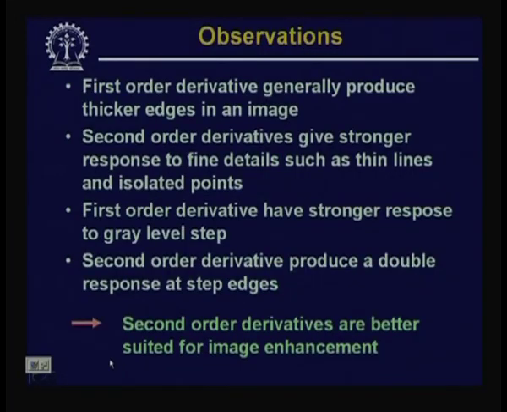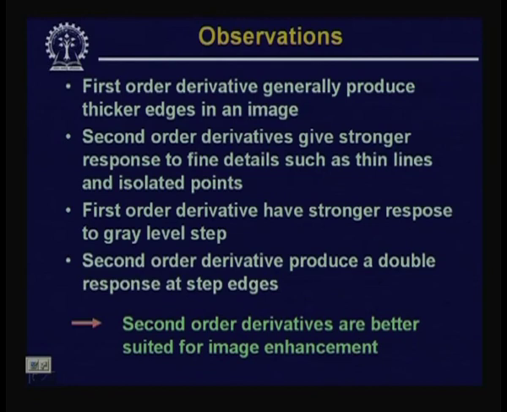So, our observation is, as we have discussed previously, that the first order derivative generally produces a thicker edge, because along a ramp the first order derivative is non-zero, whereas the second order derivative along a ramp is 0, but it gives non-zero values at the starting of the ramp and the end of the ramp. The second order derivatives give stronger response to fine details such as thin lines and isolated points.